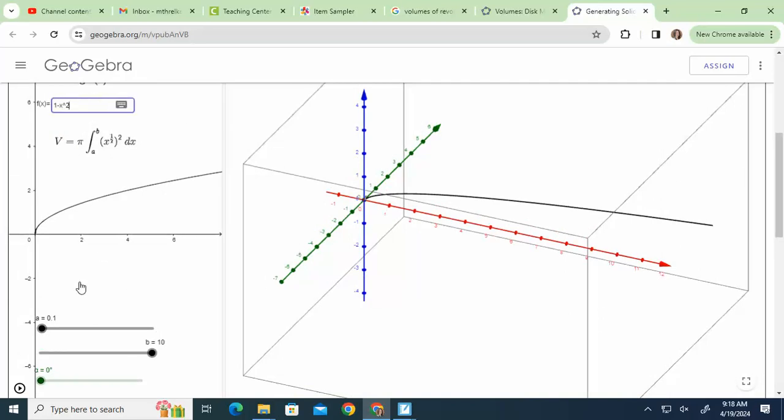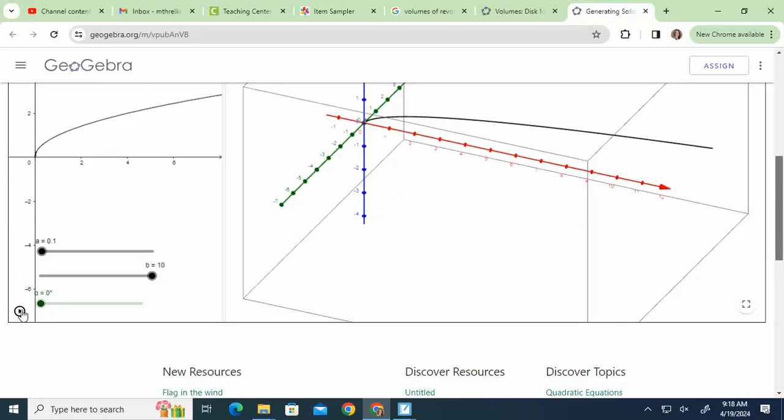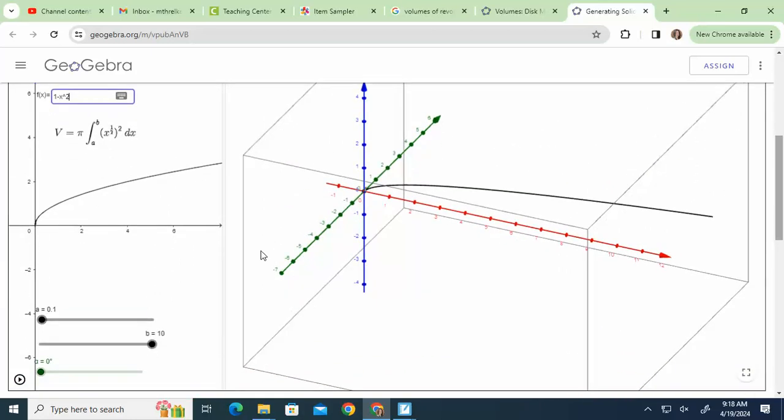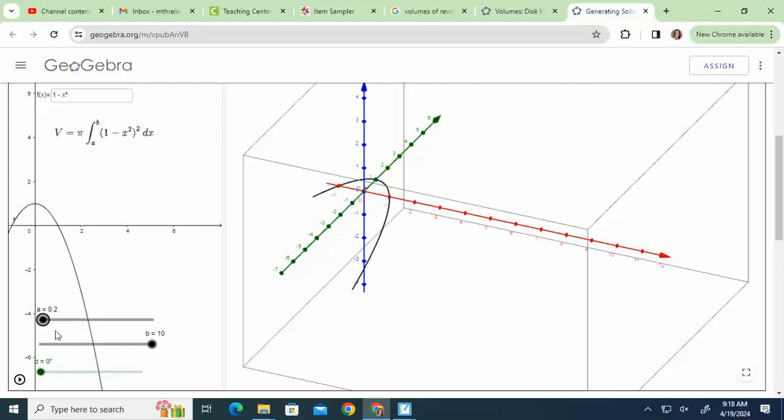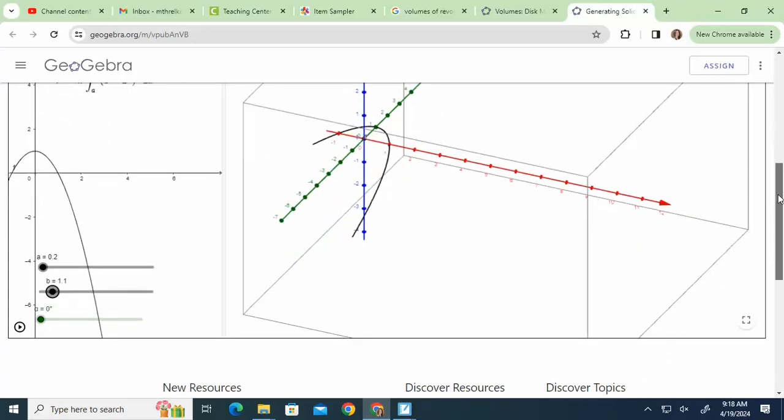So here's 1 minus x to the second. If I took this and I just start spinning it, I have some different things set on this one. This one you can animate and it's showing you as it spins.